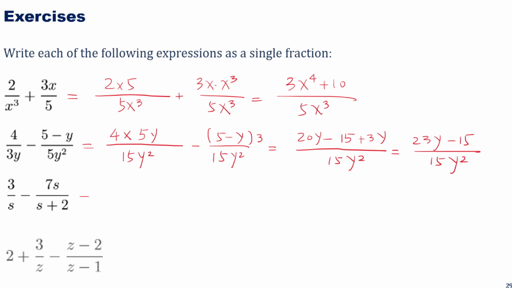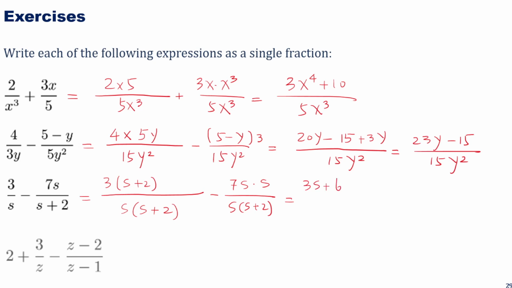Okay, next one, the least common multiple of the two denominators is s times s plus 2. And this gives us 3s plus 6 minus 7s squared over s times s plus 2, right? So far, you can just leave it here.